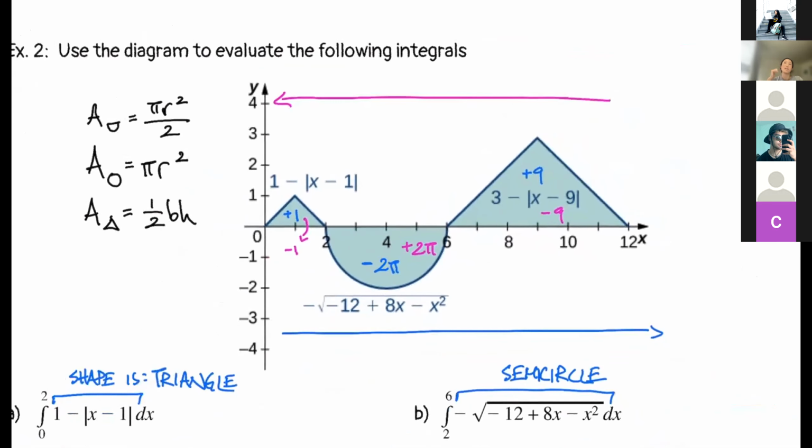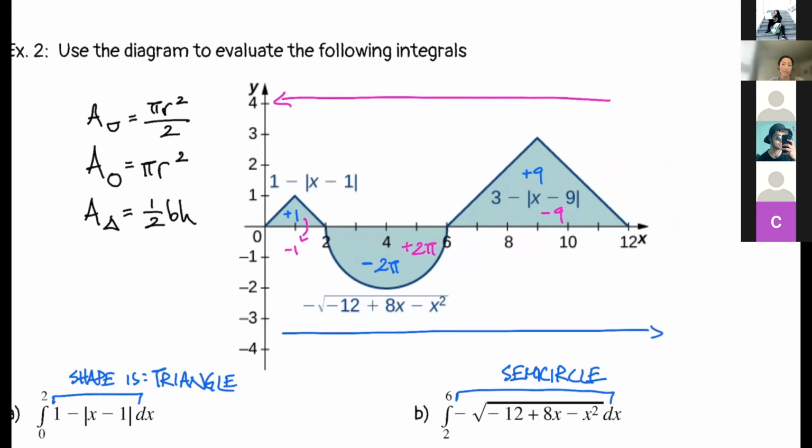Okay. So when we're going in one direction, in the one that we traditionally go in, that left to right, everything is as it seems. Above the x-axis positive, below the x-axis negative. However, when we go backwards, then we also approach things in terms of a different perspective.